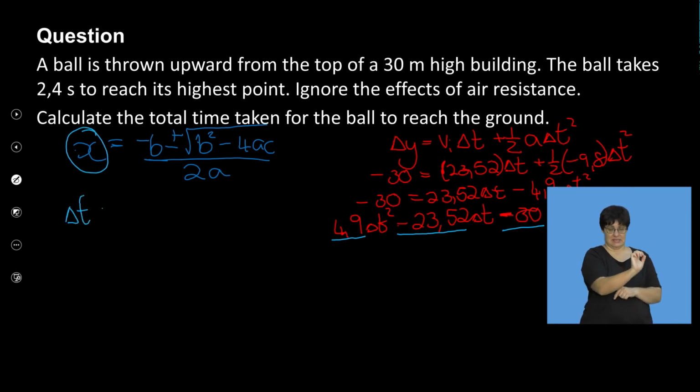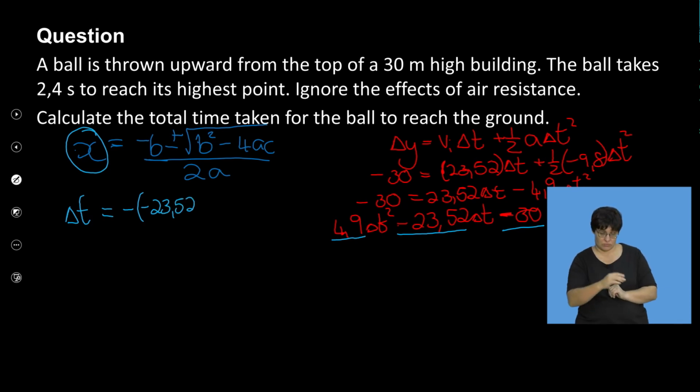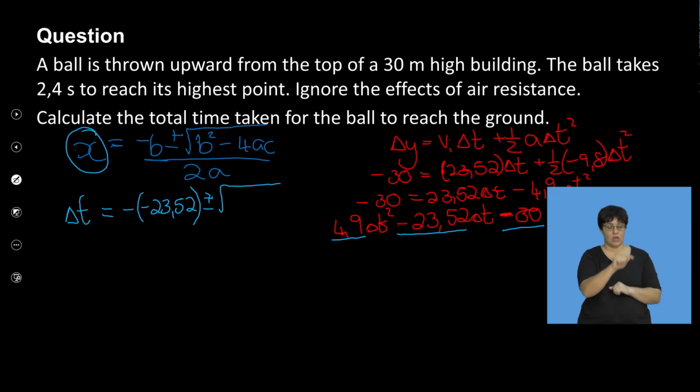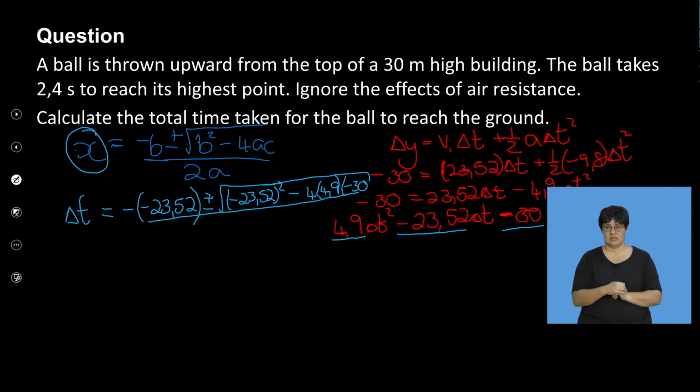So if we substitute it in, we're going to have minus 23.52, because it's negative, plus or minus the square root of minus 23.52 squared minus 4 times 4.9 times minus 30. Okay, and I've gone over, this is very badly laid out, with 2 times 4.9.